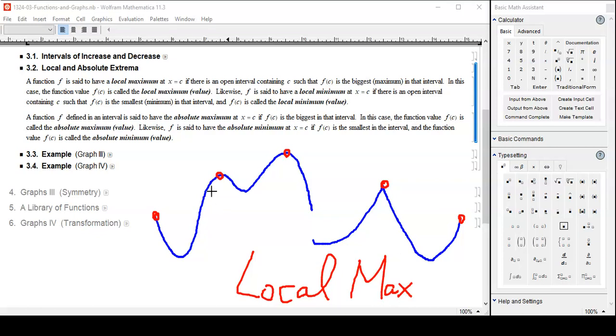So it's a maximum, but only nearby. And then among those, this one here is the absolute maximum because that's highest.